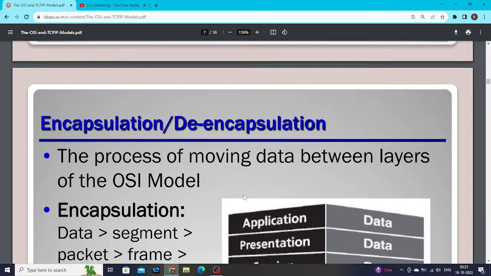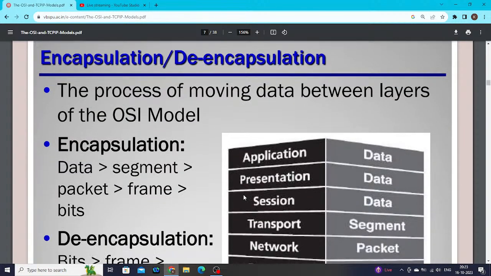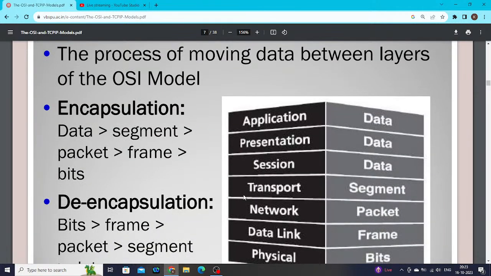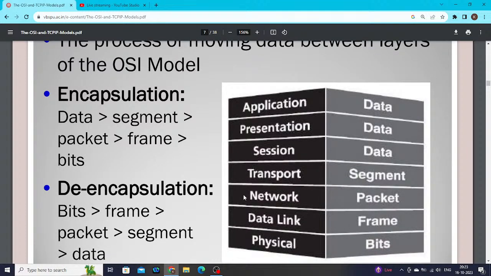So what are encapsulation and de-encapsulation? It is the process of moving data between layers of the OSI model. Encapsulation means the physical layer sends data in bits form to the data link layer. The data link layer works on those bits, converts them into frames and sends them to the network.